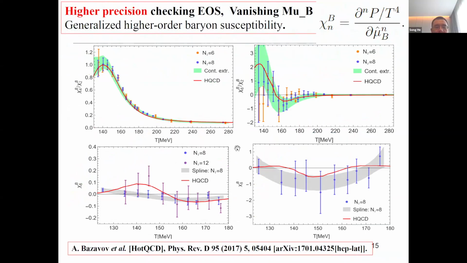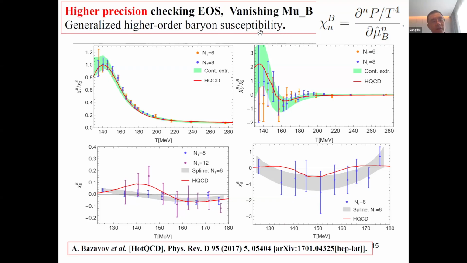The previous data is only for the equation of state, but we need higher precision data. The latest lattice QCD offers some new data associated with the so-called generalized higher order baryon susceptibility.